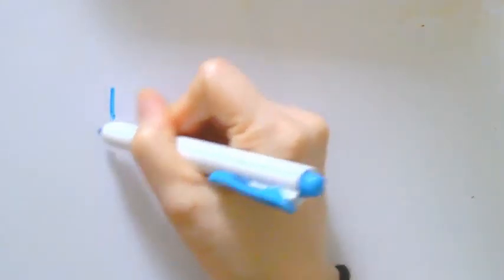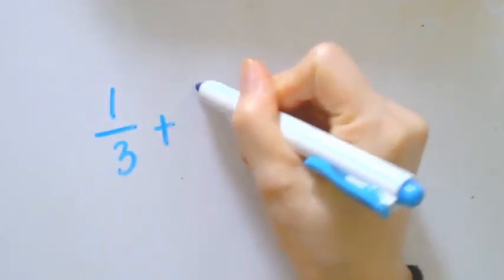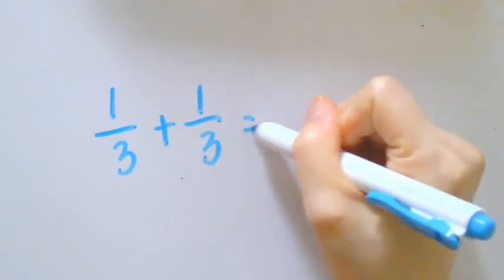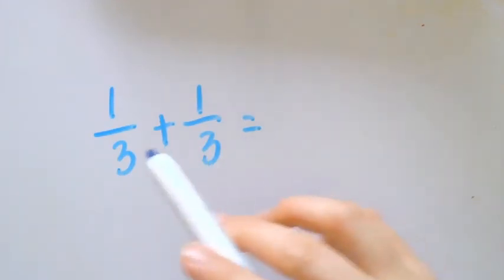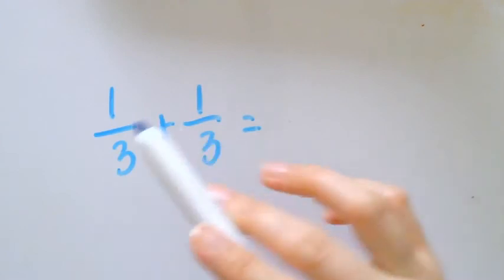All right, one last time doing that reversal method. One-third plus one-third. Find the total, find the sum of unit fractions. So we're looking for the total when we add our two unit fractions together.